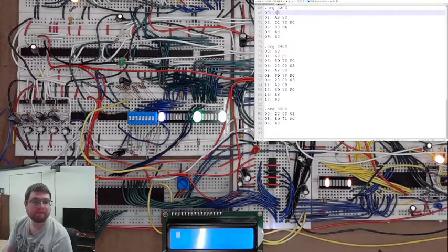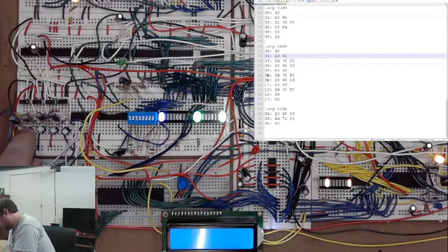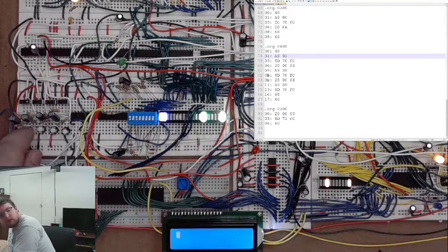Zero, 1. I'm in the wrong spot again. Okay, so we're here. So that's correct. Then it's supposed to send it. Well, it sent it. Now we go to the spot. 2, 0. What is this?